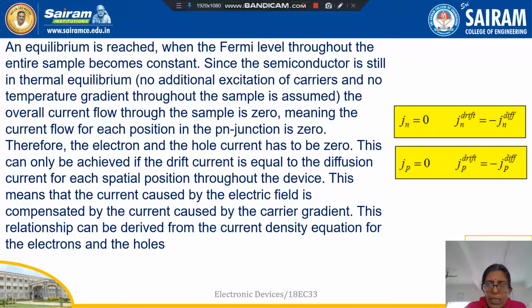That is given here. That is, the current density due to the electrons will be equal to zero. That is, the drift current will be equal to minus the diffusion current, and similarly for the holes also, the drift current will be equal to minus the diffusion current.